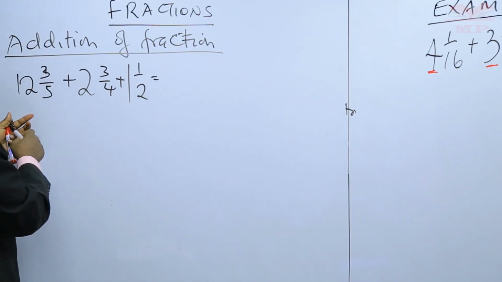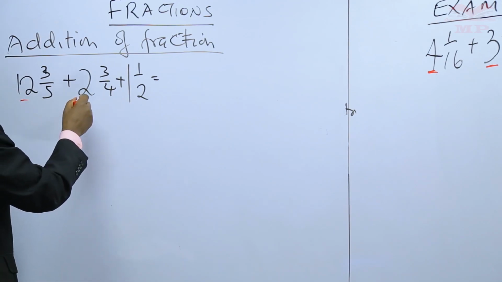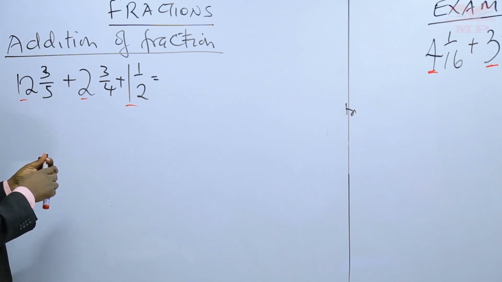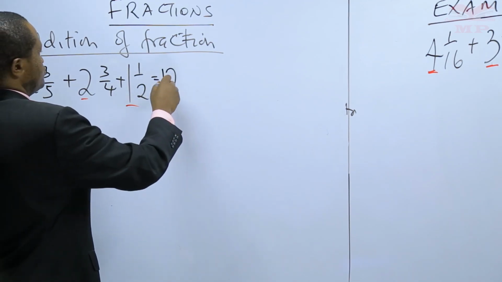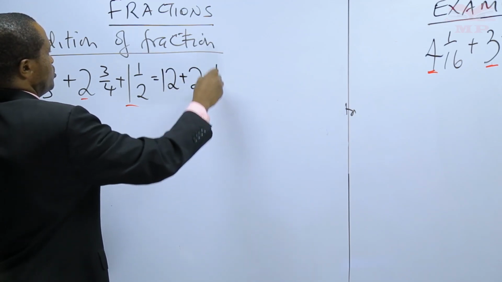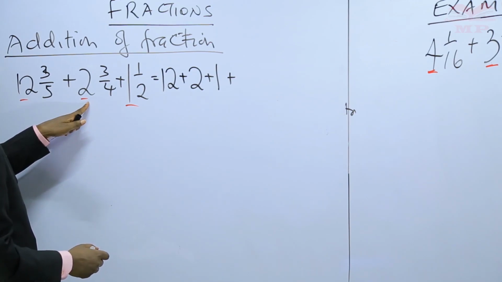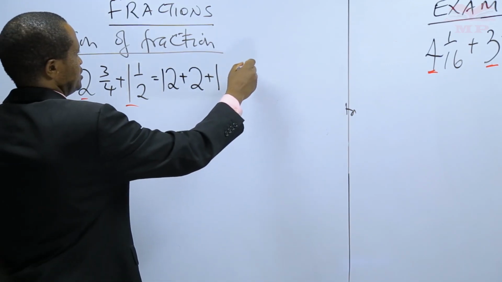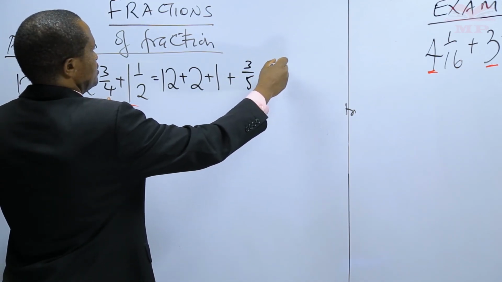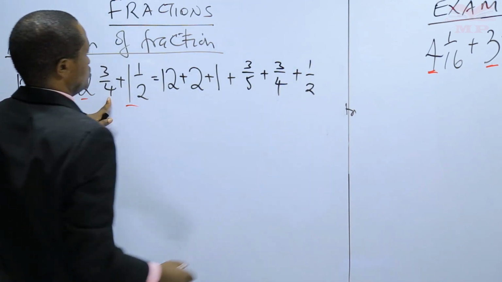The whole number in the first fraction is 12, the second is 2, the third is 1. So the whole numbers, 12 plus 2 plus 1, plus the fractions added separately: 3 over 5 plus 3 over 4 plus 1 over 2.